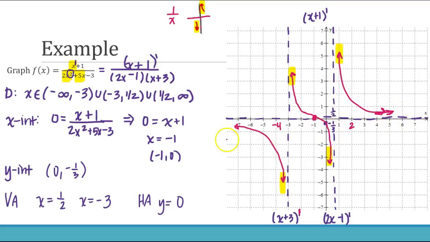So if we double check our domain, it had to be defined everywhere except for -3 and 1/2, right? So 1/2 was here. So it is defined everywhere. And it did go through our x-intercepts. It does approach each of the asymptotes that we drew. So this is a comprehensive sketch of this rational function.